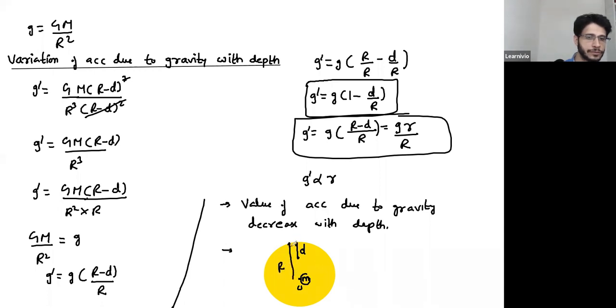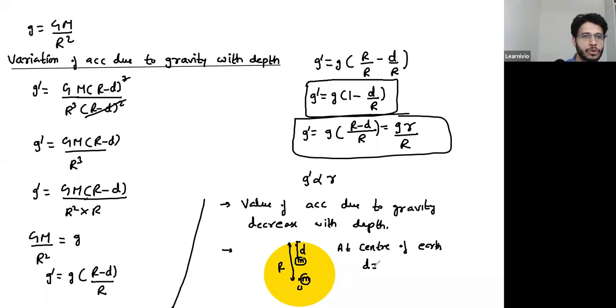This is d, depth from the surface of Earth. If I place this mass m here, then depth is d. Now I'm saying just place this mass m at the center of the Earth. How much is depth now?